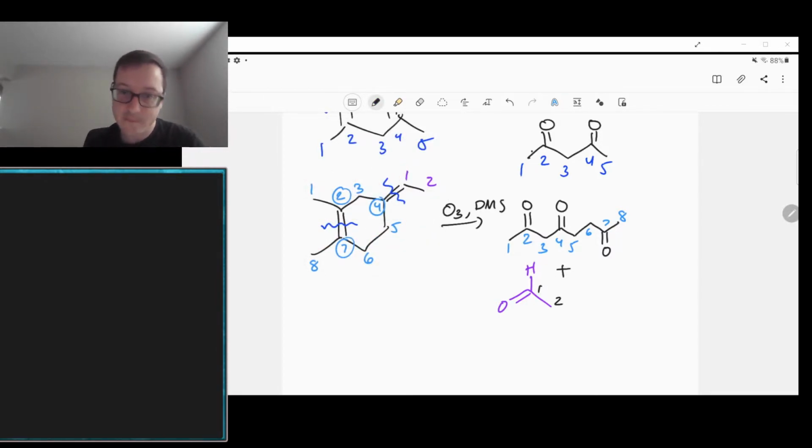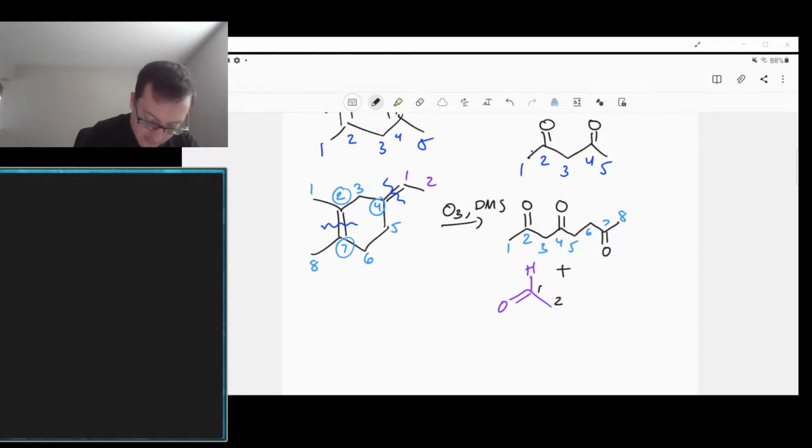And so in this case, carbon 1, that's what I've arbitrarily numbered it. So it's important that you count your carbons and keep everything that's not being broken together. So you might be tempted to have carbons 2 and 7 on separate molecules, but they're not going to be on separate molecules because there's no other cleavage that's happening between carbons 2 and 7 in that ring at least. So that's the idea behind this.